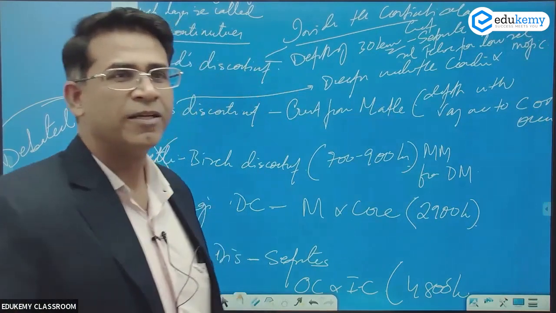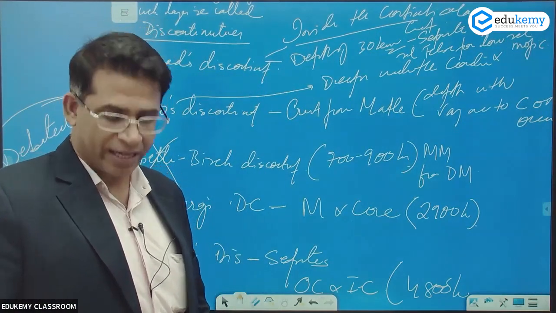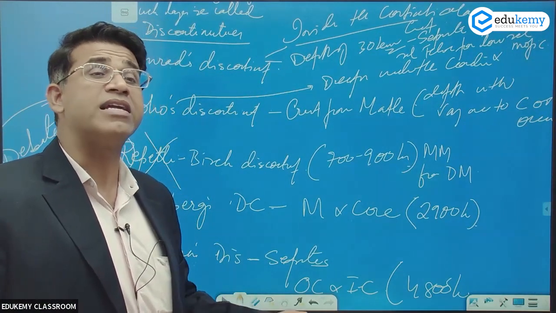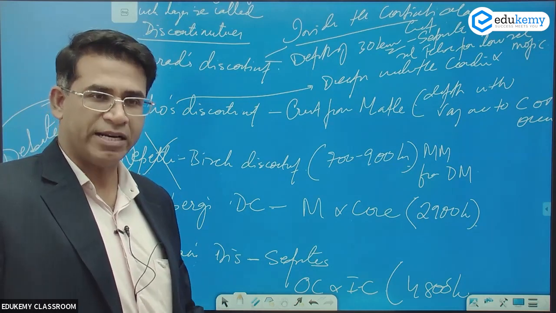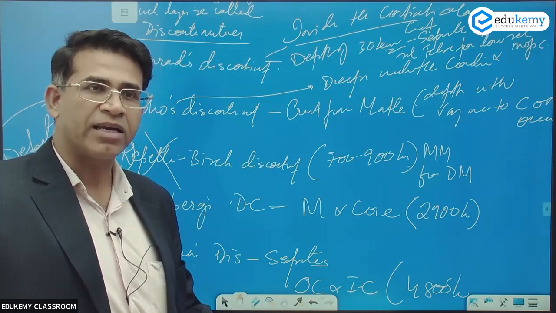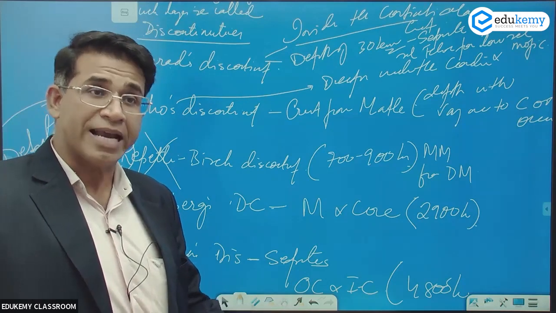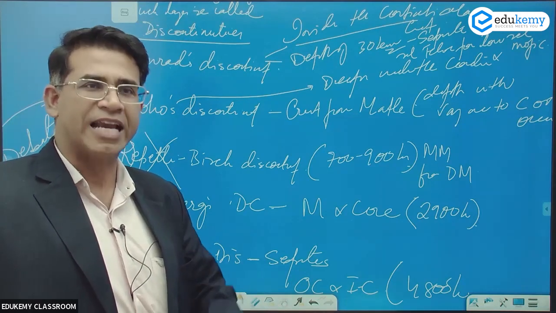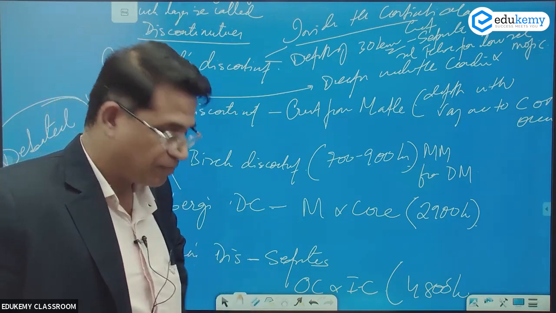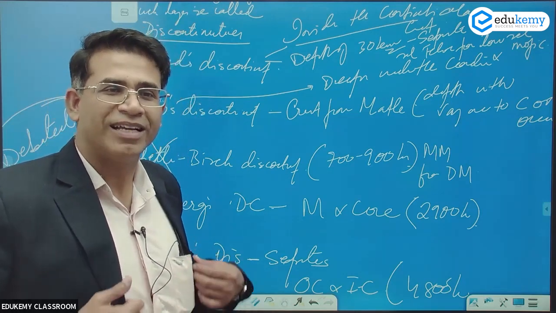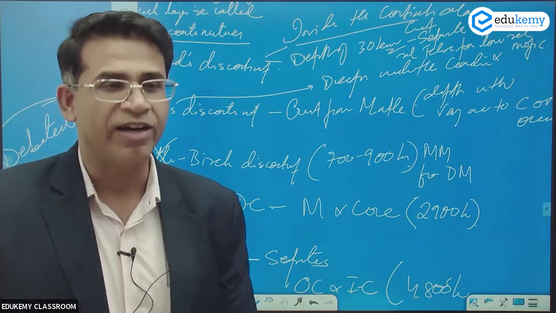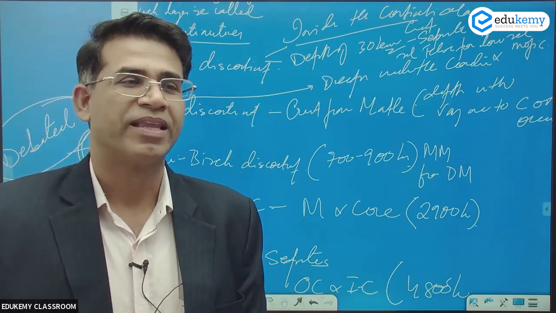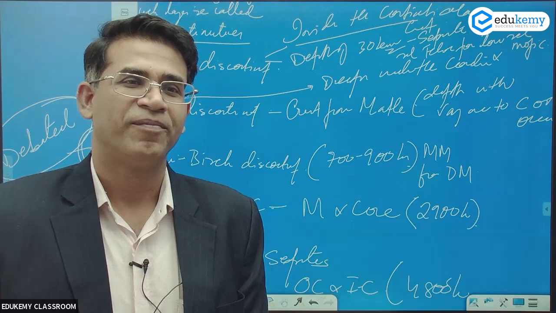Write it please. Okay, Conrad is at a depth of about 30 kilometers. It separates the upper relatively felsic rocks from the lower relatively mafic rocks. All fine? All fine?